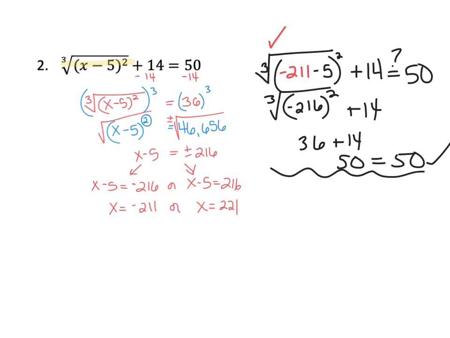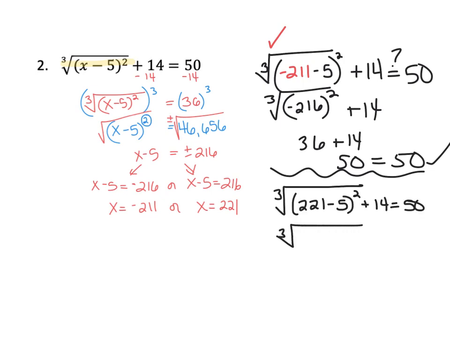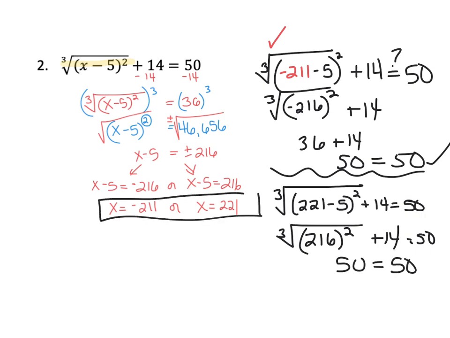And then I'm going to try 221. And I believe this one's going to work as well, because I'm going to have positive 216 squared, which will also work. All right, I don't even need to go any further on this. I'm going to get 50 equals 50. So this time there are no extraneous roots. I have two valid solutions.